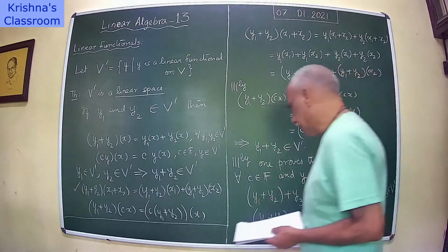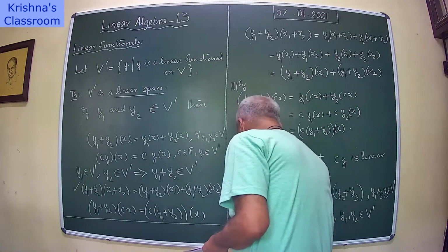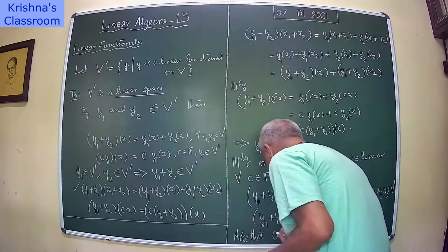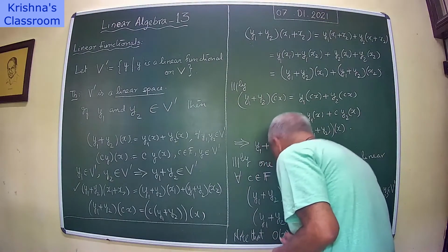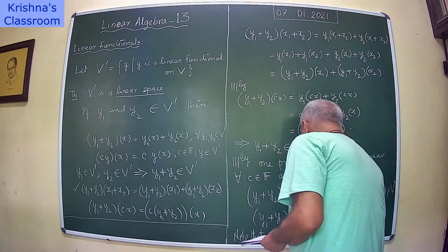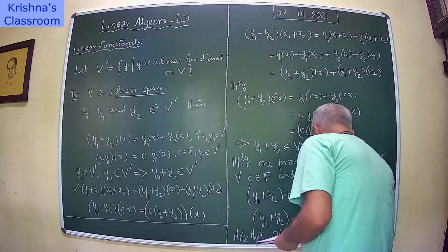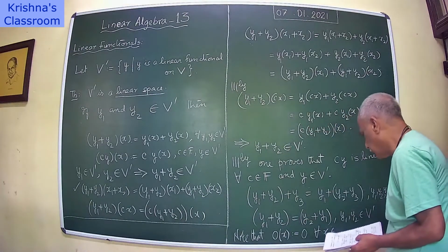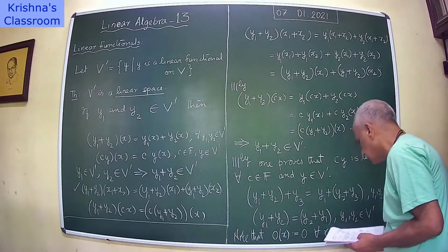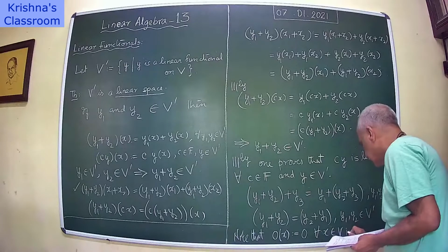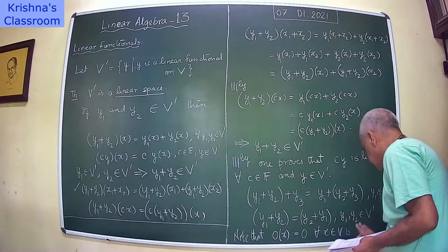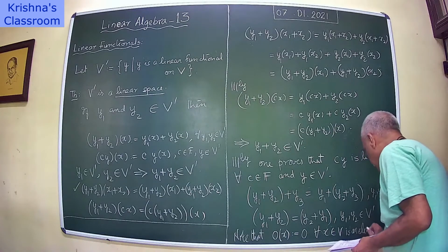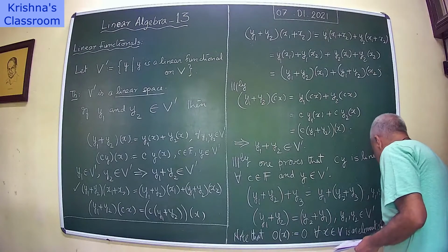Now you have the zero function. Note that zero of x defined as 0, x belonging to V, is a linear function, is an element of V prime.